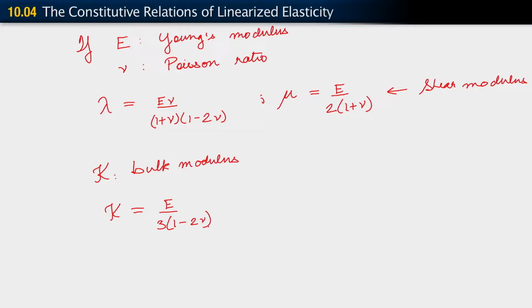There are limits on these constants, and I'll talk about them in just a bit. It emerges that nu can lie between -1 and half, for the linearized theory of elasticity. Do you recall what this limit corresponds to? This corresponds to elastic incompressibility.